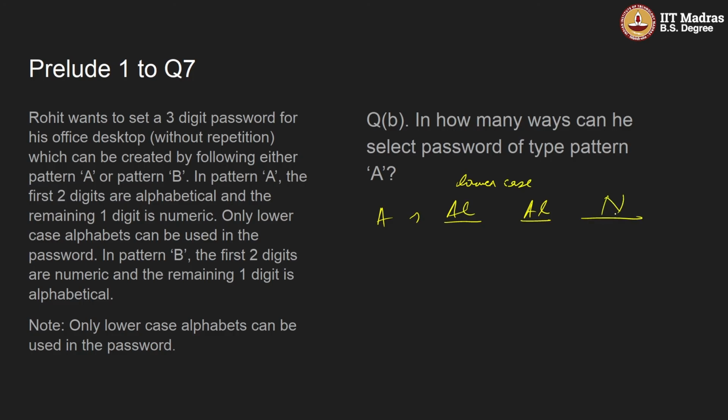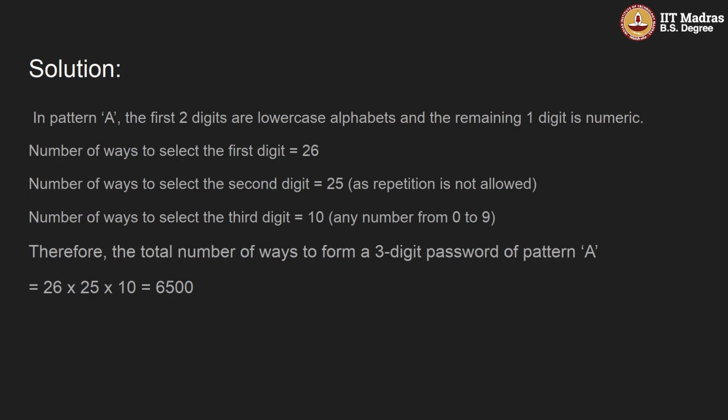So the number of ways to select the first digit is 26, and the number of ways to select the second digit will be 25 because repetition is not allowed. One alphabet is already selected in the first digit, so there are remaining 25 alphabets. So there are 25 ways to select the second digit.